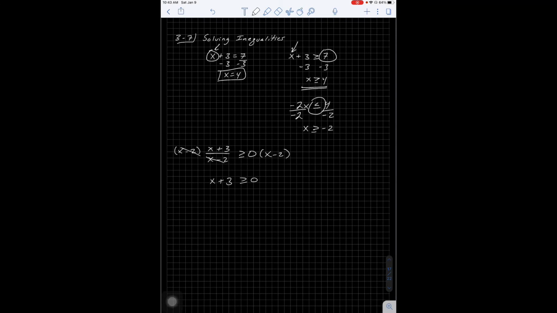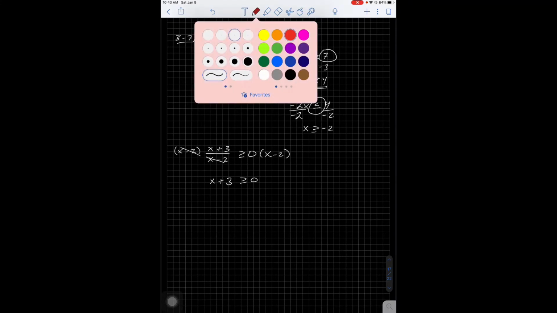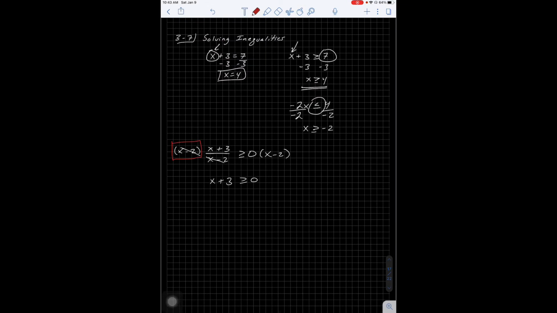Here's the problem. My question is this. This value that we multiplied by right here, is this positive or negative? Because it matters, right? Because if this is a positive value, then I keep the sign the same. But if this was a negative value that I multiplied through by, I would have to switch this.